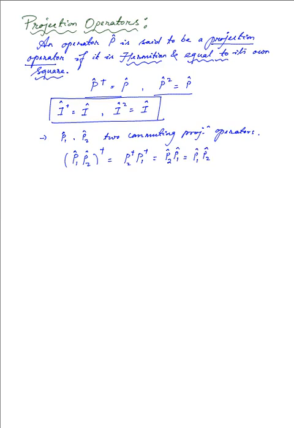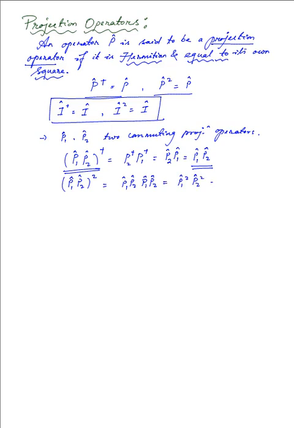So in this case what we see is that the adjoint of the product gives me the same product back. That means it satisfies the first condition of being Hermitian. And also, taking the square of the product, (P1 P2) squared, results in P1 P2 followed by another P1 P2, which is equal to P1 squared P2 squared.